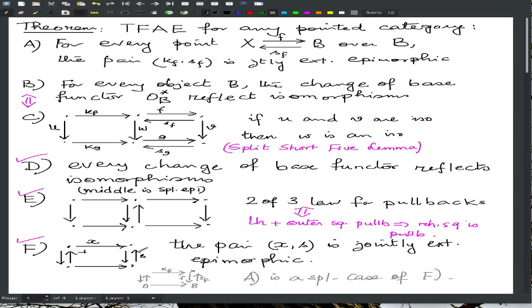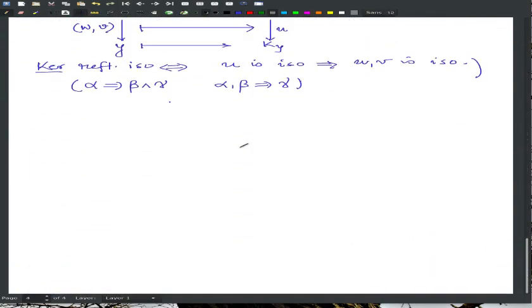Now let's come to another thing which is quite significant. If you have the terminal object, the bundles over the terminal object is nothing else but the whole category itself, right? Yes. It's just isomorphic.